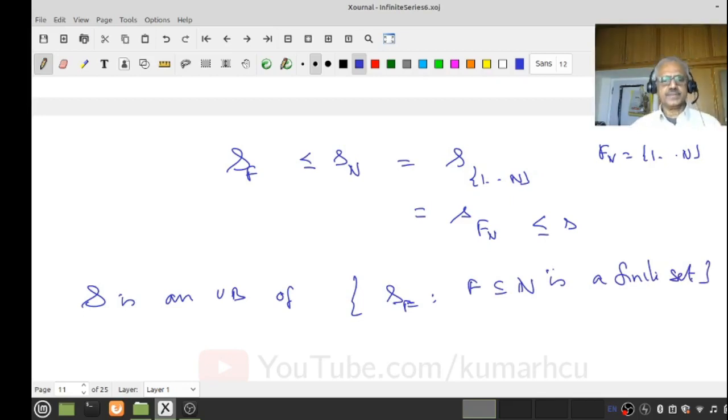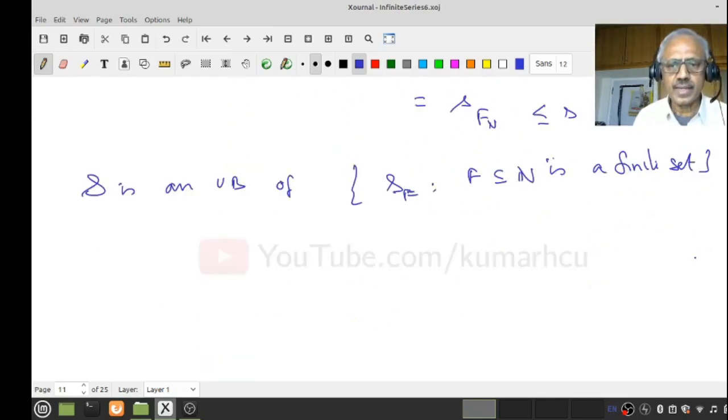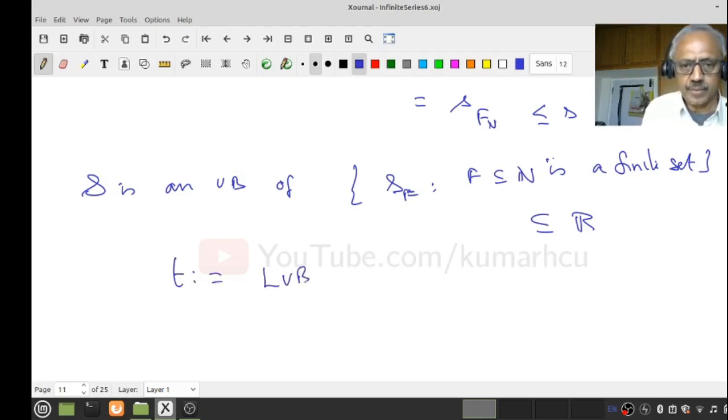Would you accept it? So this set of real numbers, a non-empty set of non-negative real numbers, is bounded above by S. Therefore, let T be the LUB of S_F.